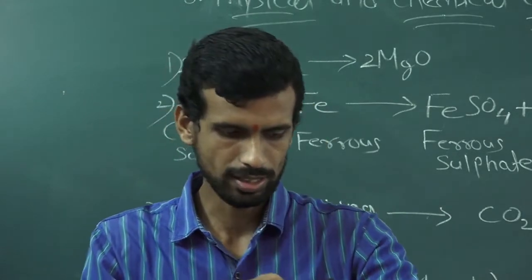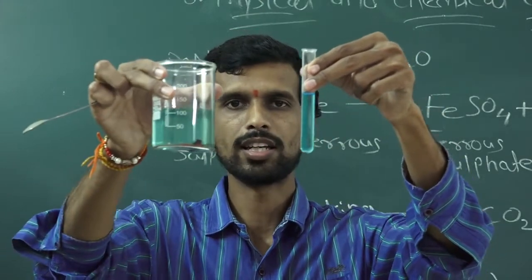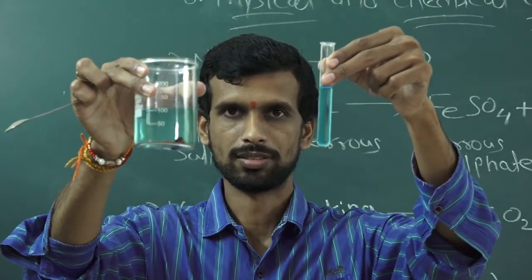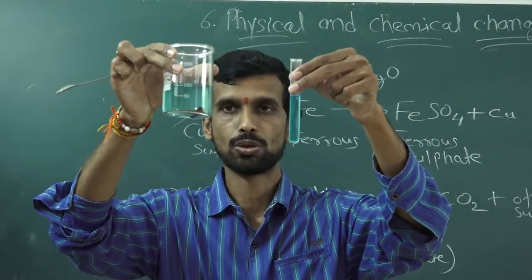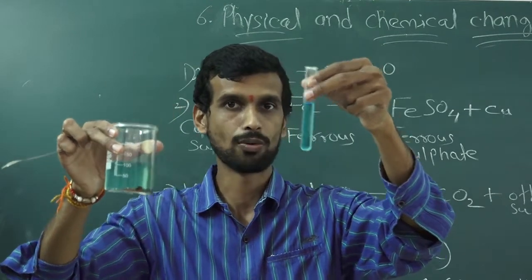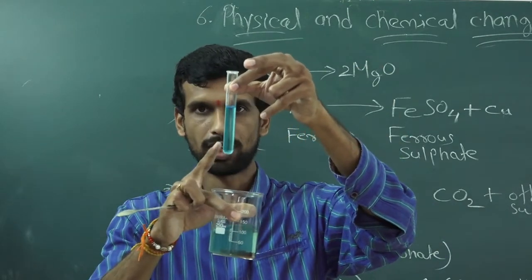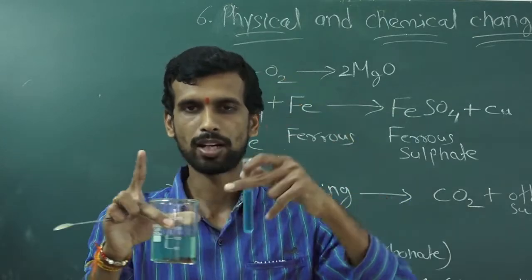Now you can see there is some color change. This was completely blue and it is turning into greenish color. The solution present in the beaker is turning into green color. Okay, previously its color was this. Whatever is there in this test tube, this copper sulfate solution was part of this solution.